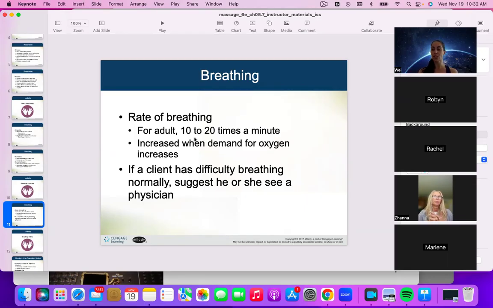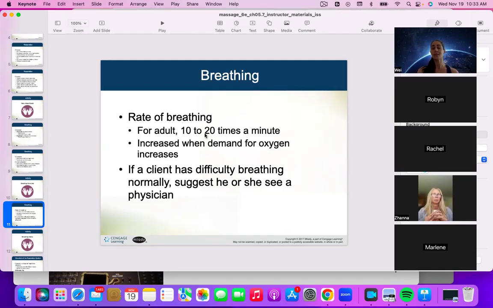The more anxious you are, in the sympathetic state for example, the more breaths you will take in and out. When we are more relaxed and not doing much of anything, we will have a lower rate of breathing. Other things that play a part in your rate of breathing are your physical ability, your cardiovascular fitness.